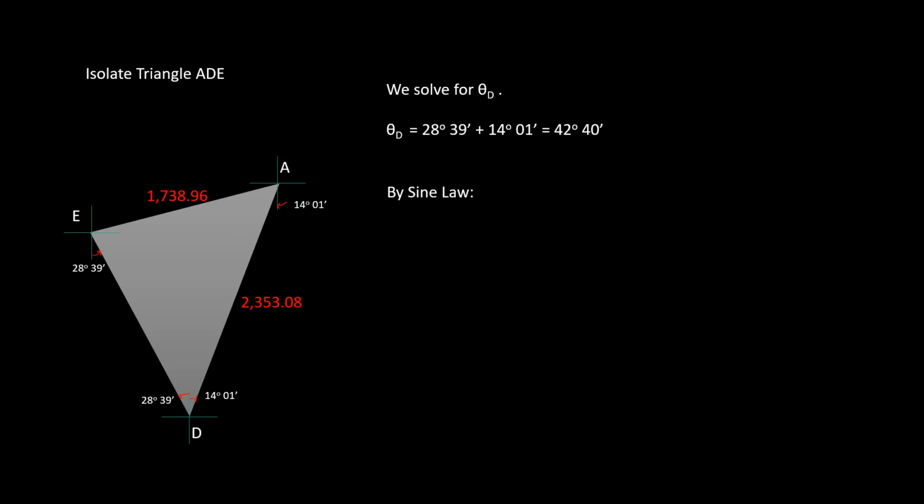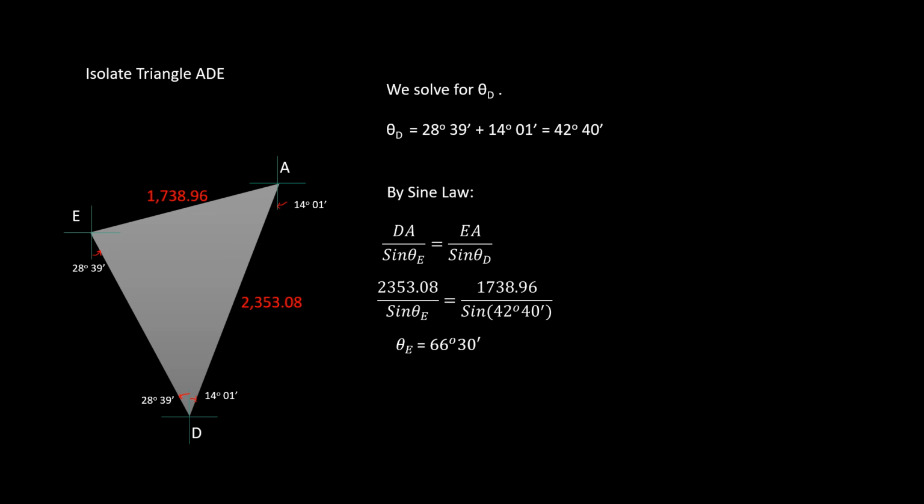Next, we apply sine law. For sine law, the side DA is to the sine of theta E, as side EA is to the sine of theta D. We substitute the values and we'll be able to find the angle theta E, which is 66 degrees and 30 minutes.